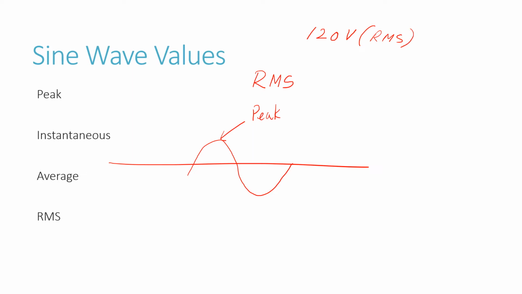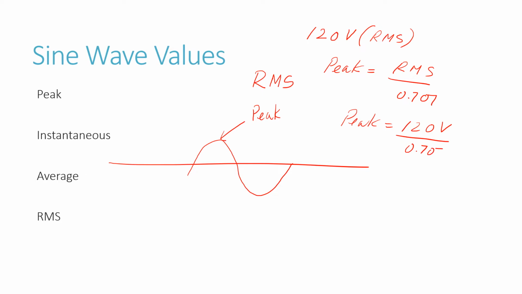Okay? Right. Now, how do we get the peak? Remember that peak voltage is equal to RMS divided by 0.707. In the case of 120 volts, the peak will be equal to 120 volts divided by 0.707.